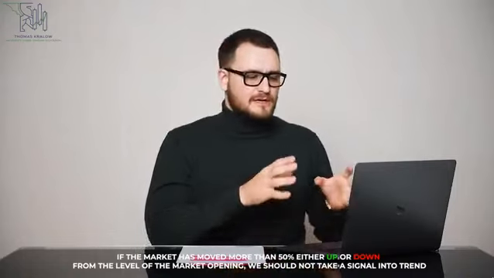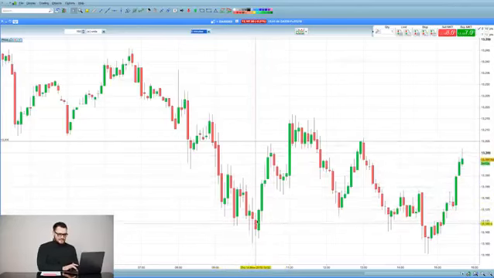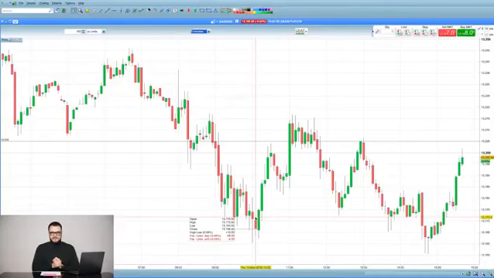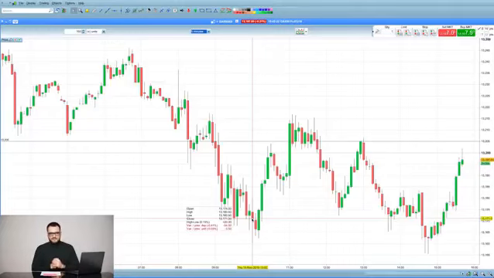So if the day opened and we were falling, just like we see it right here, and let's imagine that we would see a signal for falling around this location, we would make the calculation that we just did, and we would see that we moved 38% of the ATR, and that would still be okay. So that signal would still be takeable. If we would have moved more than 45 points, let's say 70 points down, that means that we would have moved more than 50% of the ATR.